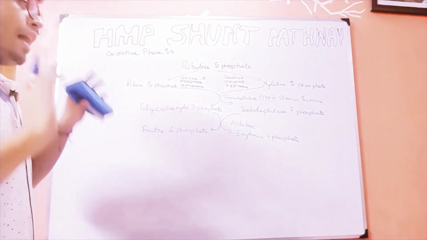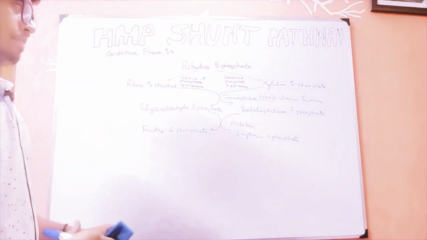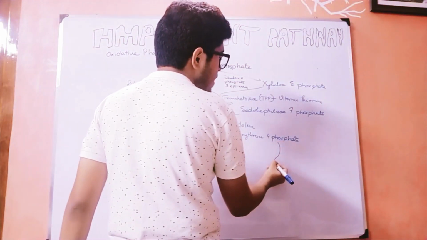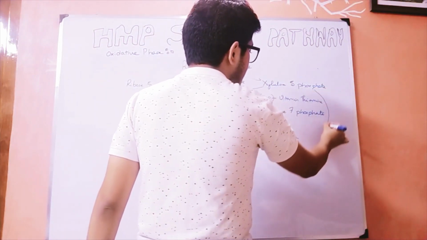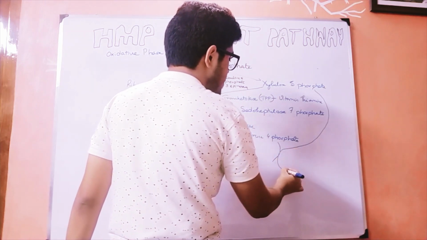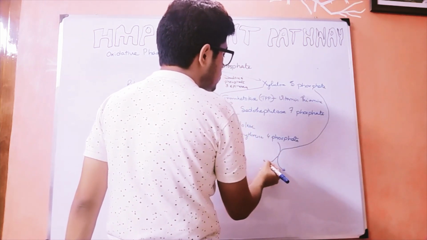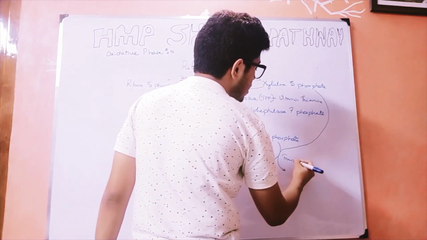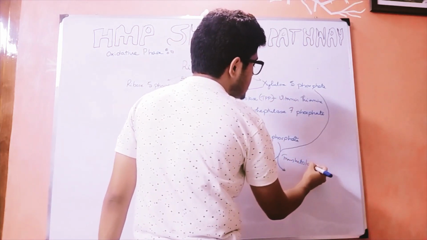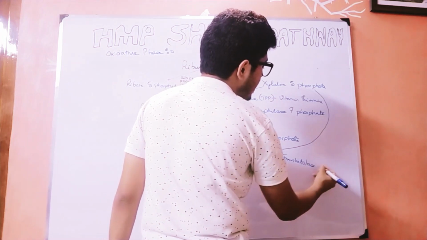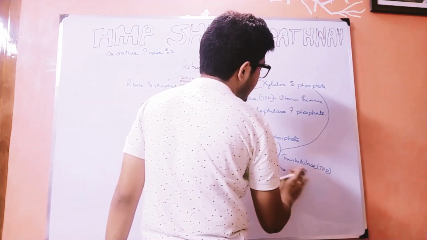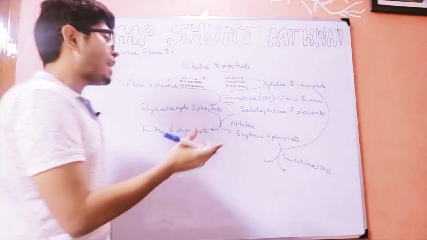Now in the last and final step, we have erythrose 4-phosphate, which is acted upon by xylulose 5-phosphate, and these two are acted upon by another molecule of transketolase, which also requires TPP as a cofactor, which is vitamin thiamine.